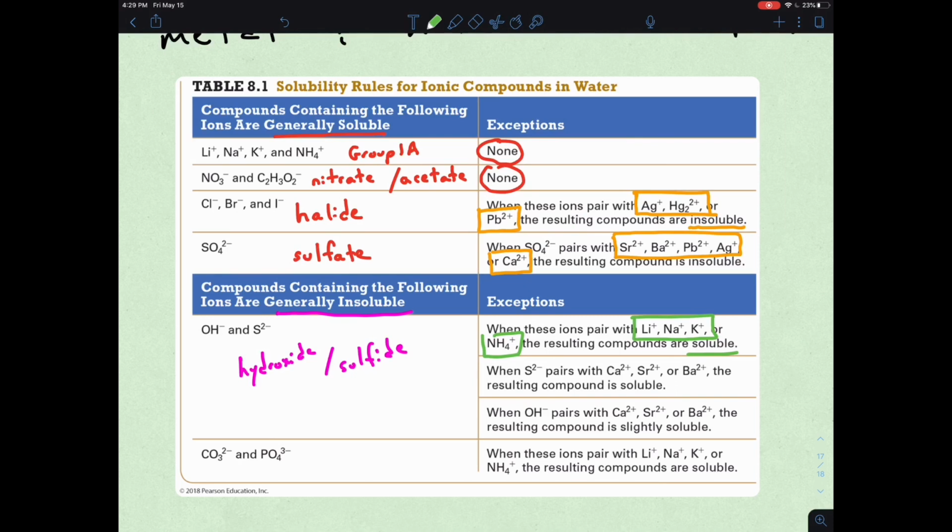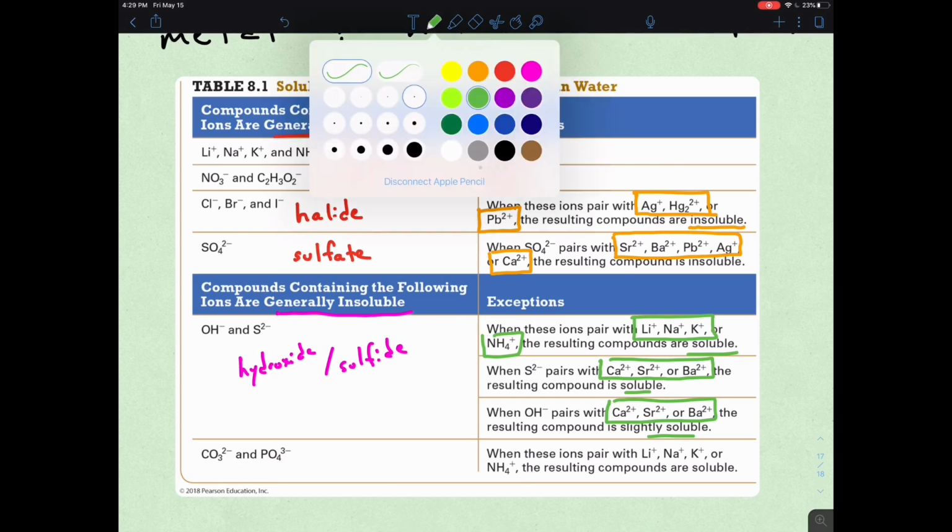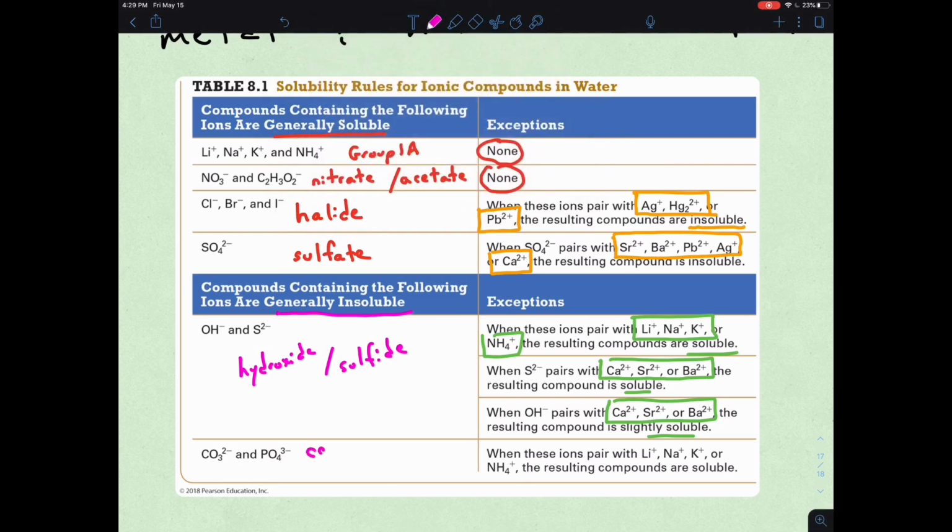Notice that we have some group 2 metals for the sulfide, as well as for the hydroxide. They're pretty much the same in terms of this idea of soluble or slightly soluble. And then at the bottom we have carbonate and phosphate.